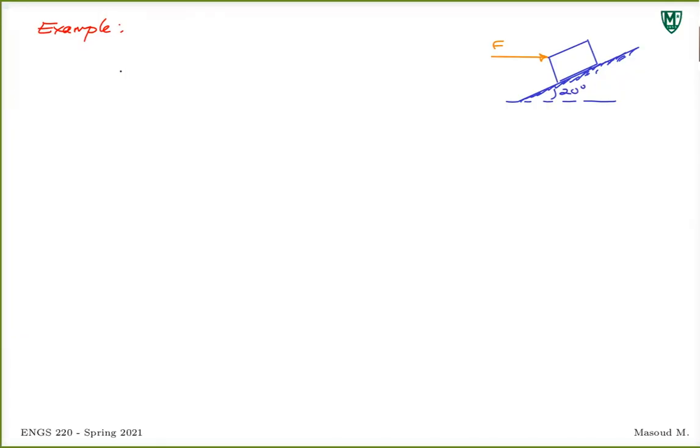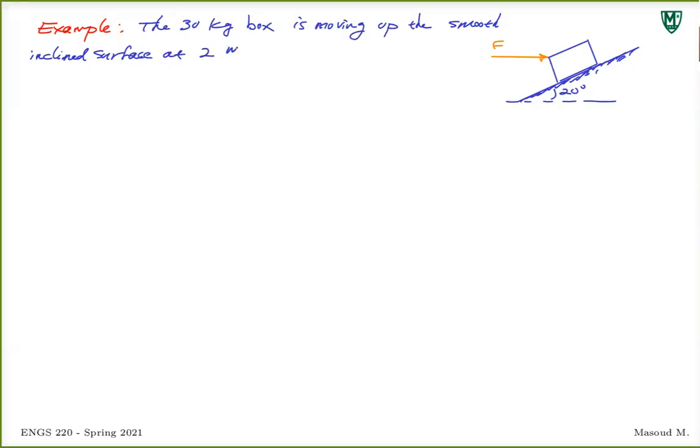Now, the problem statement, you can write: the 30 kilogram box is moving up the smooth inclined surface, so no need to worry about friction in this case, at 2 meters per second.